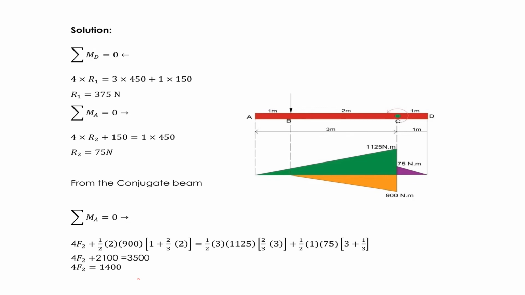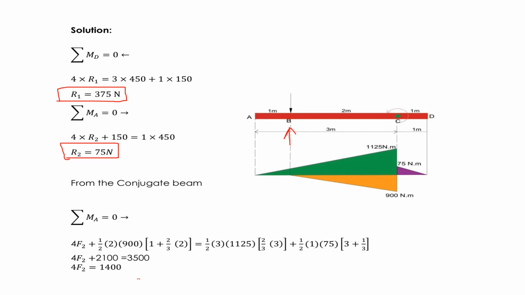So 4 times R1 going counterclockwise equal to 3 times 450 plus 1 times 150. So R1 is 375 Newton. Then moment at A is 4 times R2 plus 150 equal to 1 times 450.